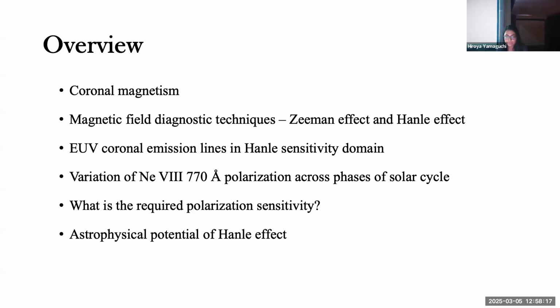Then I'll describe the newly identified coronal emission lines which are sensitive to the Hanle effect, and with one of the lines, neon 8770 angstrom, we model the polarization and how it varies across the different phases of the solar cycle. I'll talk about that, and with these signal levels, what polarization sensitivity future instruments require to be able to detect such signals. And finally, I'll discuss more on the Hanle effect and its future prospects.